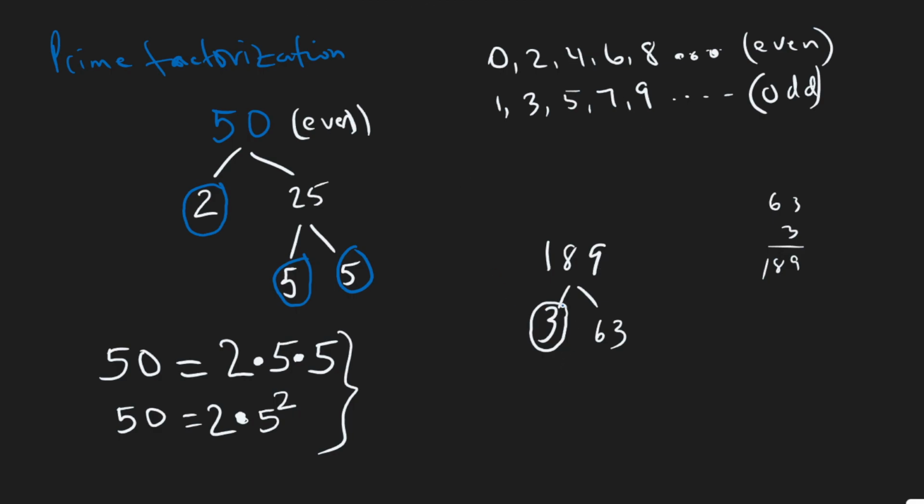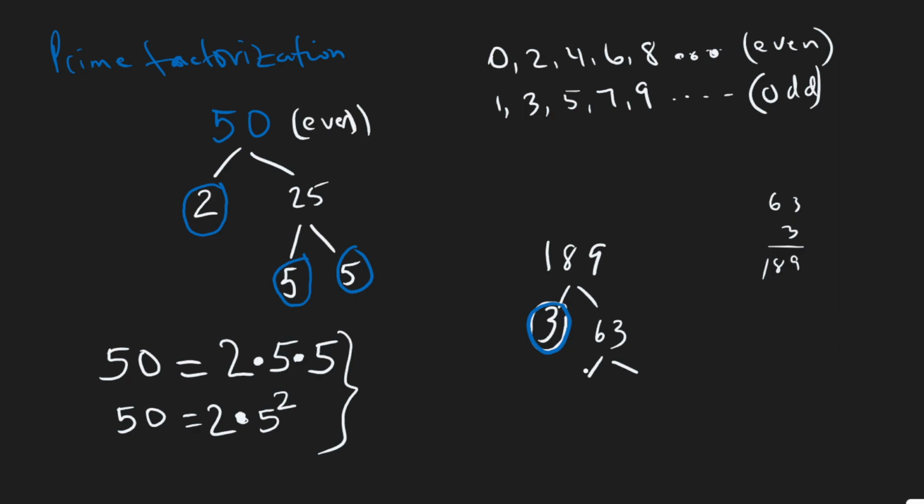All right? And once we finish with this, let's take care of 63, because 63 is not a prime number. We need to keep milking it until we get to a point where it's all prime numbers. Okay? And let's go and decompose 63, because 63 is a composite number.